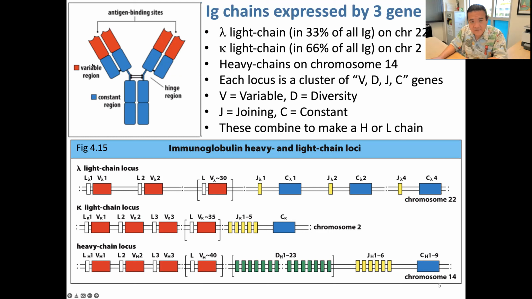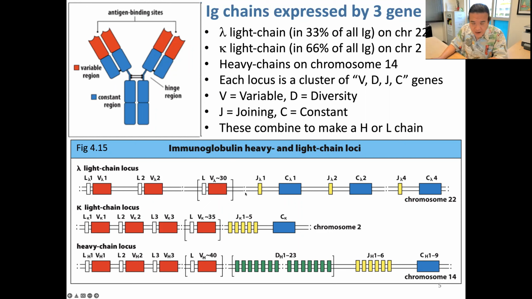If you use the color-coded cartoon up here, those are going to come together and provide the sequence that specifies the variable region of the light chain. Notice also that you have these little dots in here.